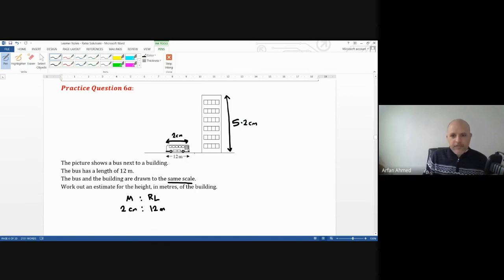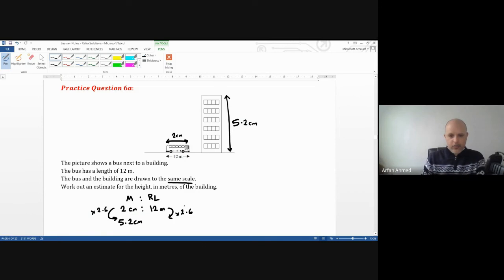So obviously that's 5.2 centimeters on the map. So that goes underneath here. How do I get from that to that? How many 2's go into that? So 5.2 divided by 2 is 2.6. So I'm multiplying by 2.6, so I'll have to multiply this side by 2.6.